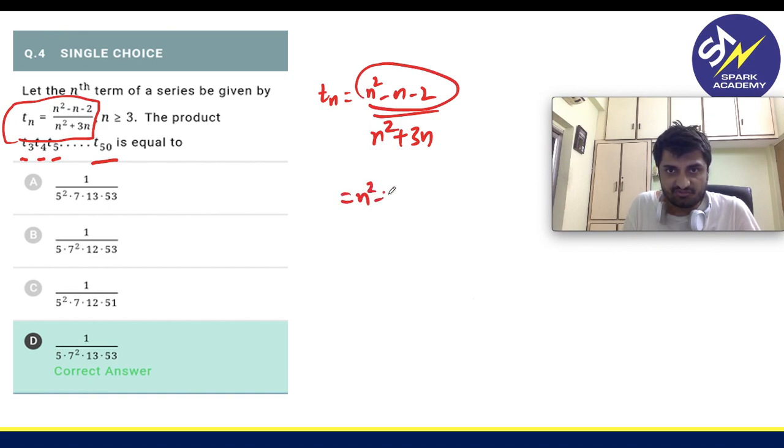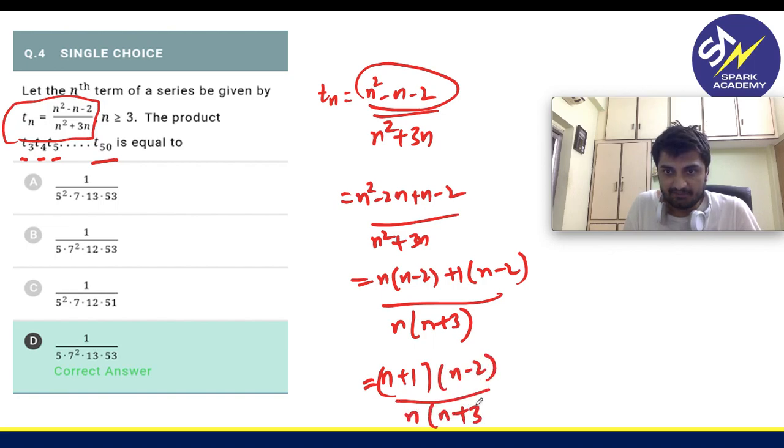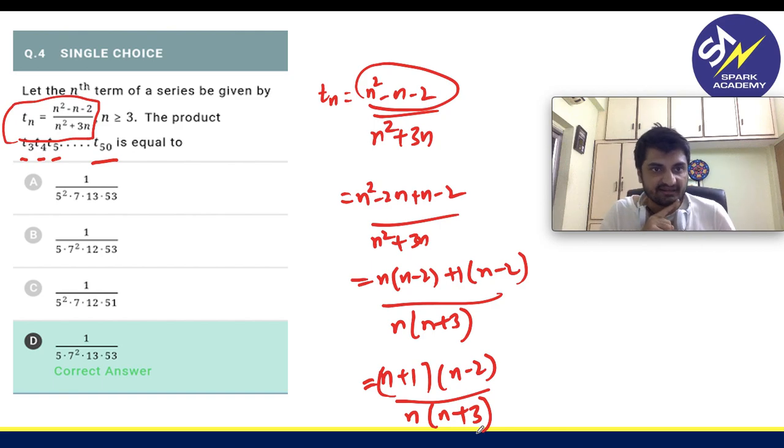This I can write as n square minus 2n plus n minus 2 by n square plus 3n. Or I can take n common, n minus 2 plus 1 common, n minus 2, whole divided by n into n plus 3, right? Or I can write n plus 1 into n minus 2 by n into n plus 3. This is what we are getting, guys.